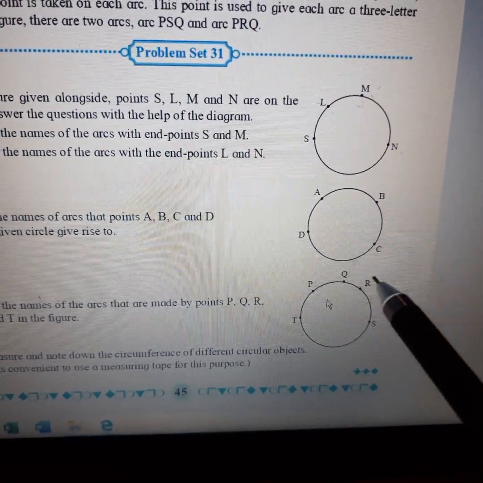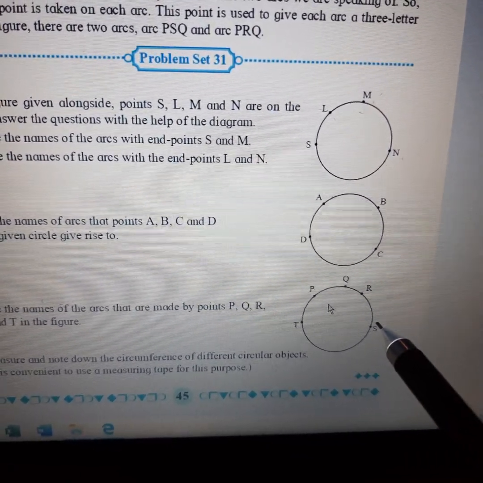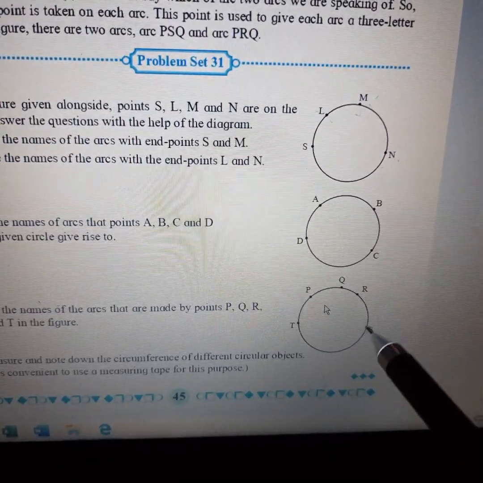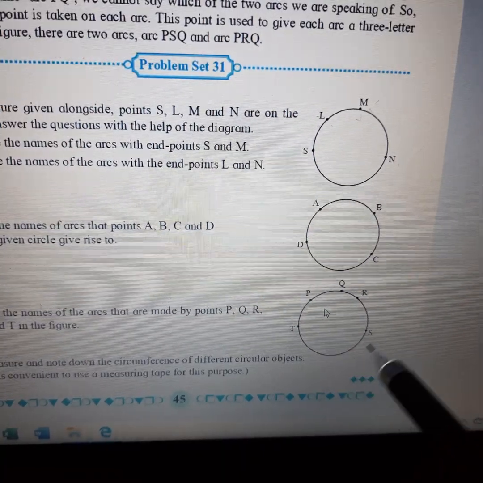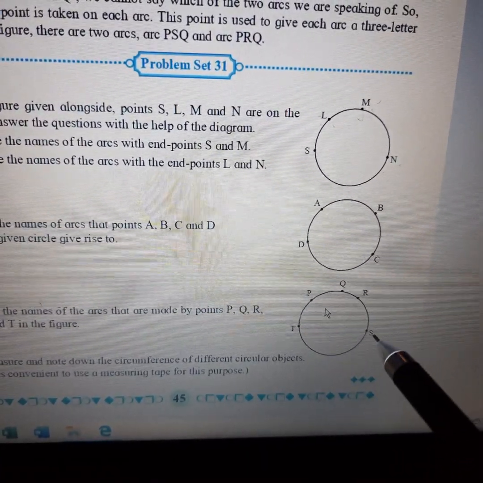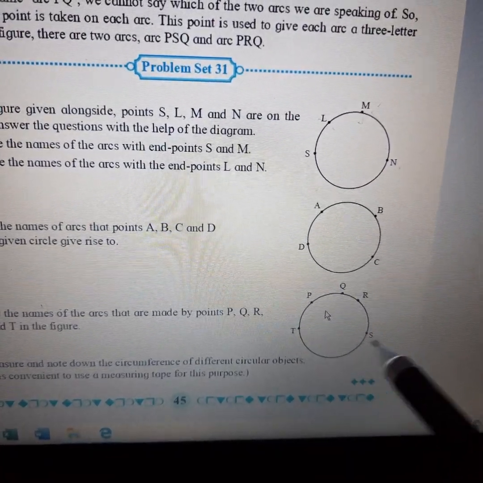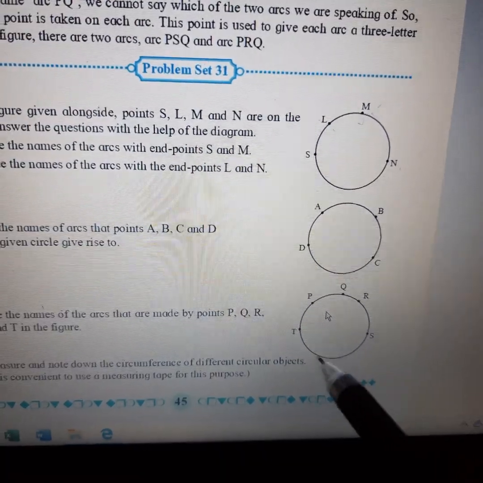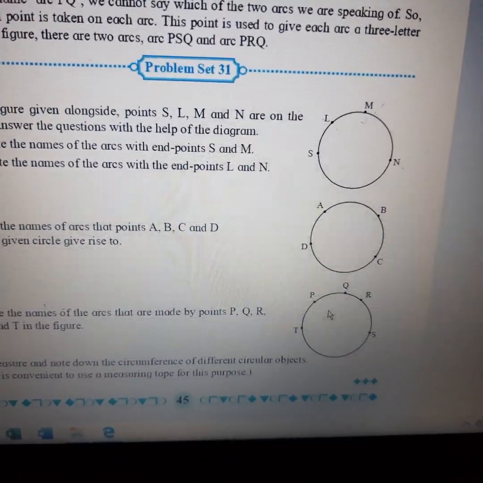If I take Q and S as endpoints, then I will have arc QRS and arc QPS. Then once more, arc QRS and arc QTS. So wherever there are 2 points on whichever side, you have to take those arcs one by one.